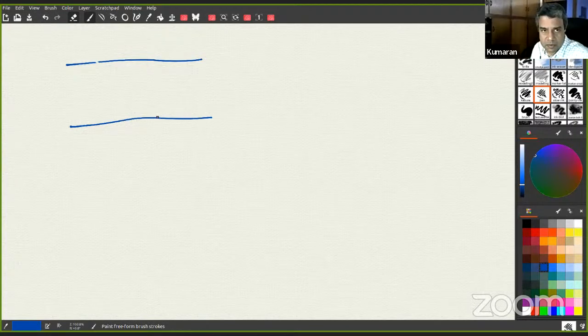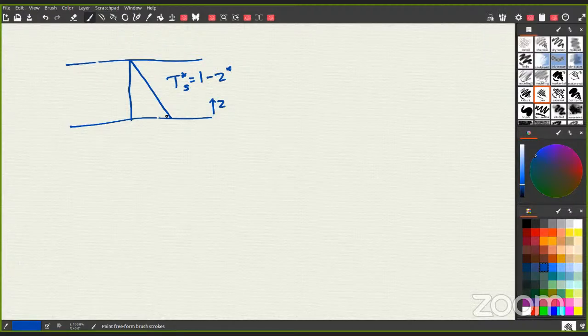The final temperature was this one, right? That was the final temperature. T star is equal to the steady part, which is 1 minus Z. The initial temperature was T star equal to 0 everywhere.